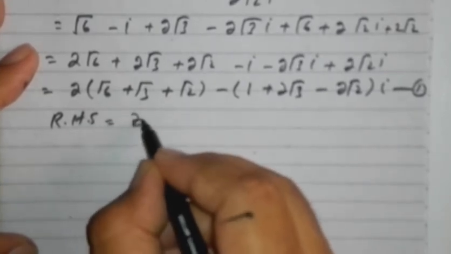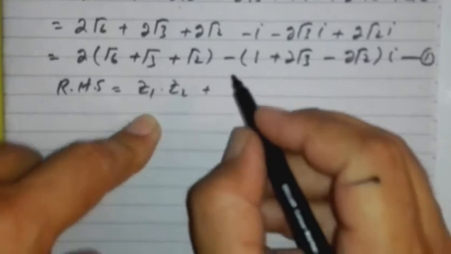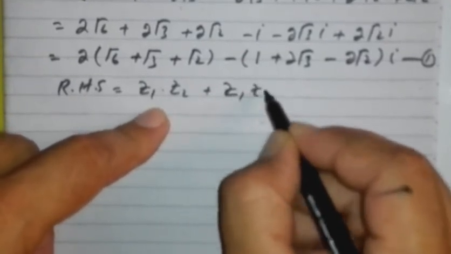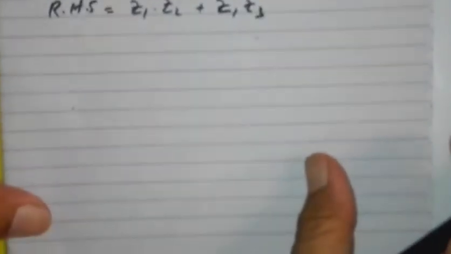Now right hand side, which is equal to z1 z2 plus z1 z3.